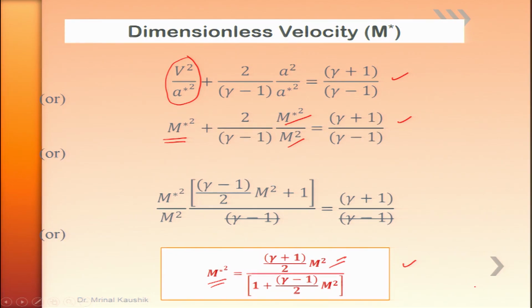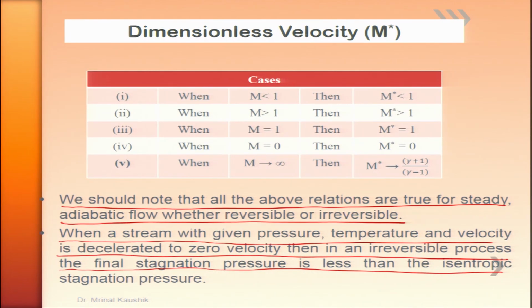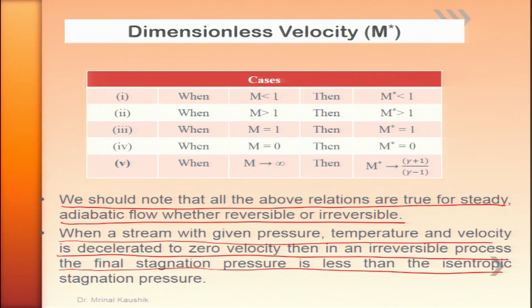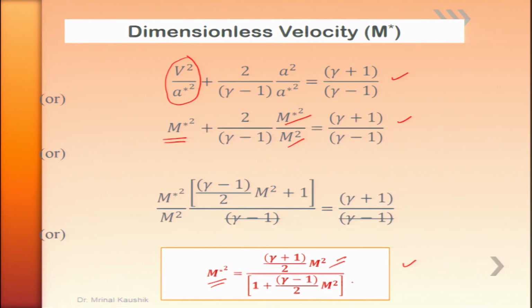Please note that depending upon the Mach number, we are going to obtain the following cases. You can investigate from this relationship that if M is less than 1, M star also comes out less than 1. Further, if M is greater than 1, that is, the flow is supersonic, M star also comes out greater than 1.